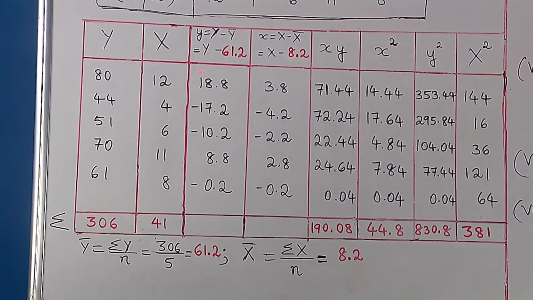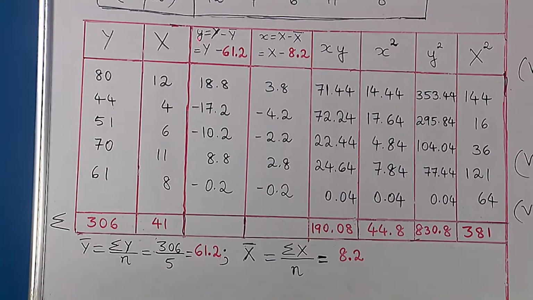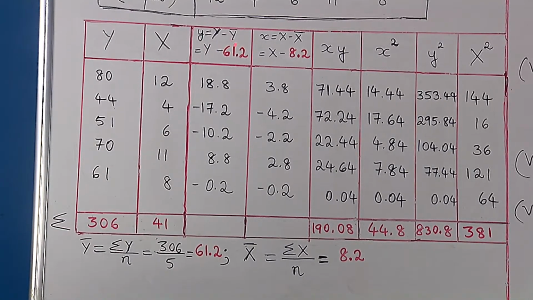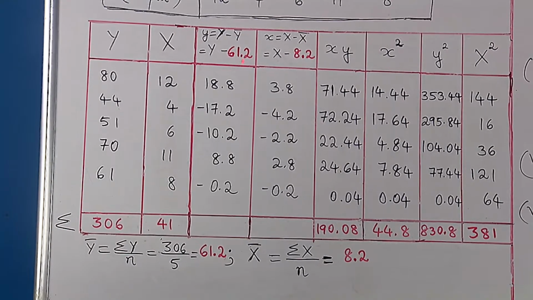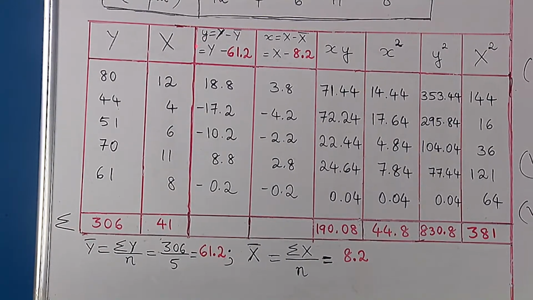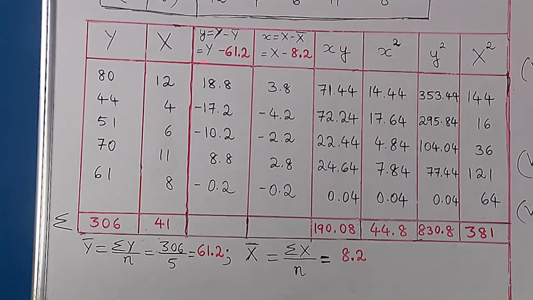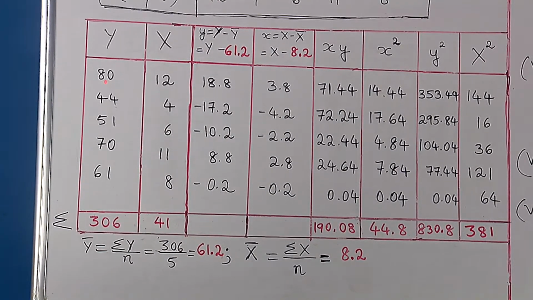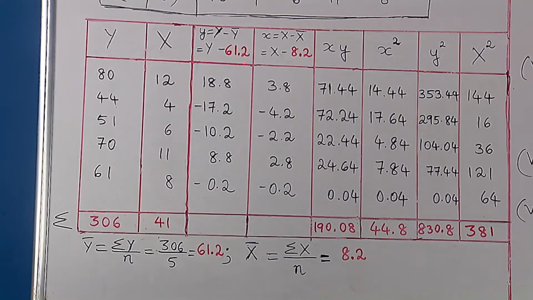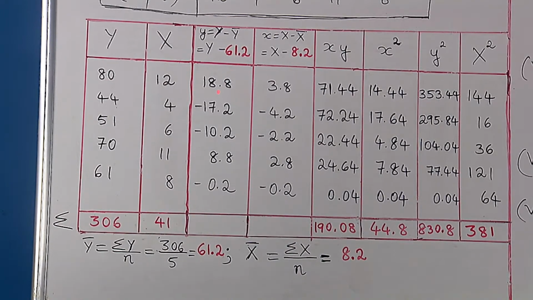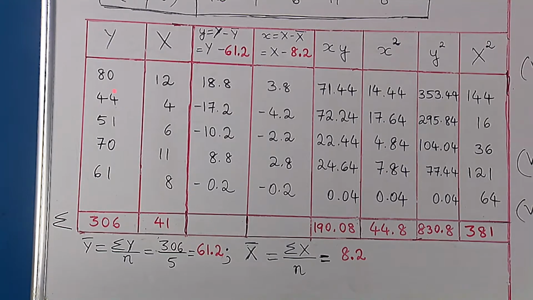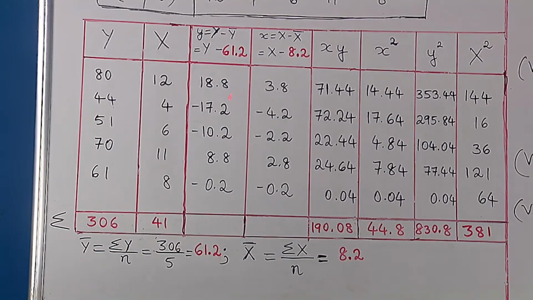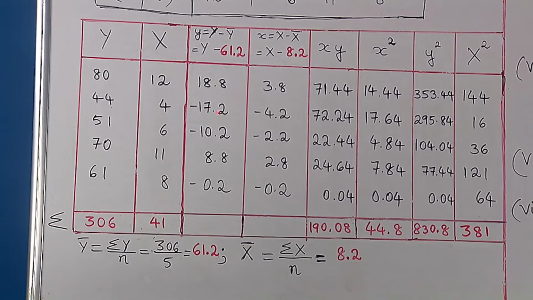The next computation is the deviation y, which is equal to y minus y bar. As we have already calculated y bar as 61.2, we use it for the calculation here. So, take the capital Y value and subtract 61.2 to get the first small y value. In the same process, calculate 44 minus 61.2 and get the second y value.